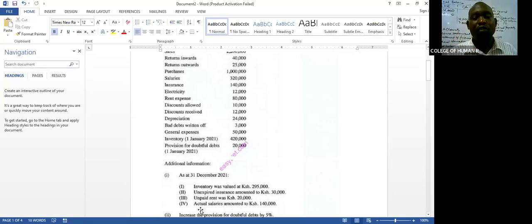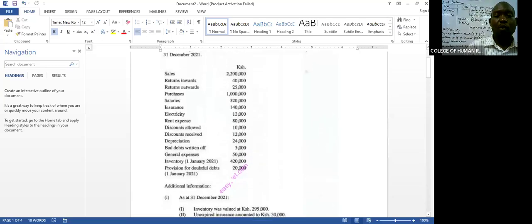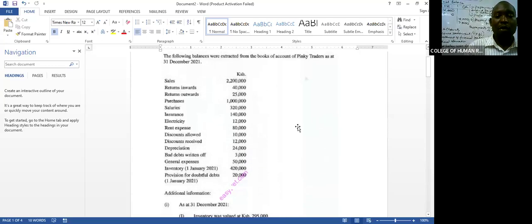Then number 4, actual salaries. That was supposed to be accrued salaries, amounted to 140,000. Accrual, you are supposed to add to what was paid. And here you are told the salaries that we paid was 320,000.